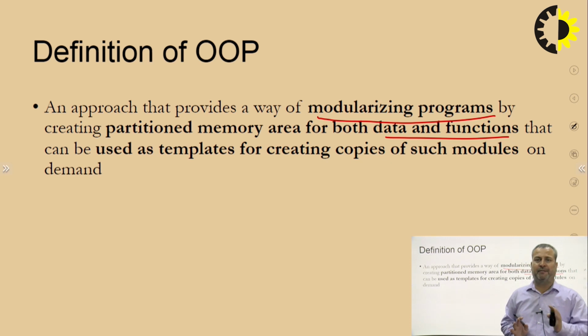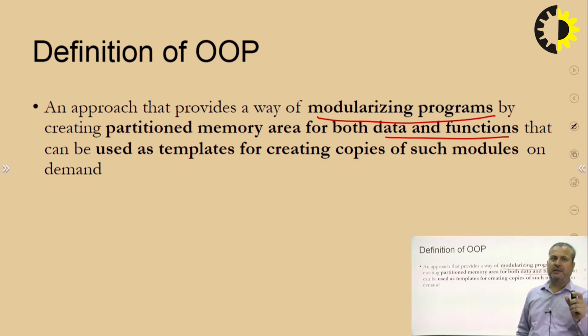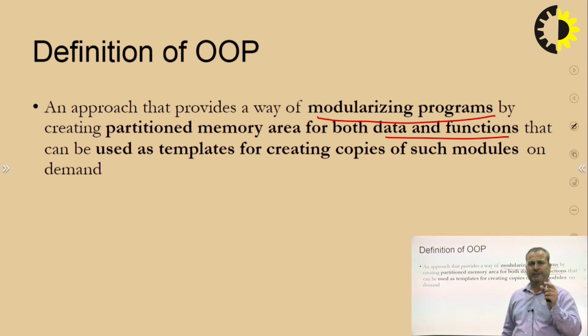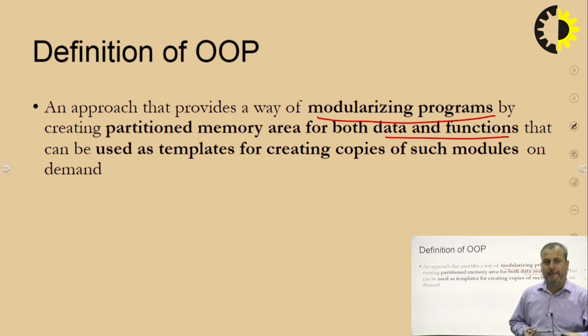Basically everything is in terms of objects, and the object takes up memory, right? An object contains the data as well as the functions. The functions are going to use the data, and the data and functions are wrapped in some entity, and that is called a class.